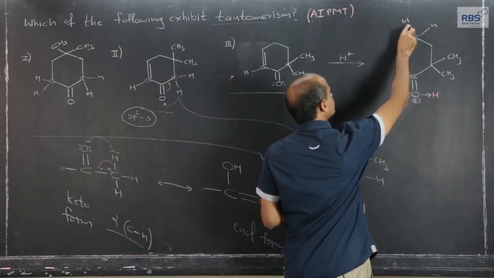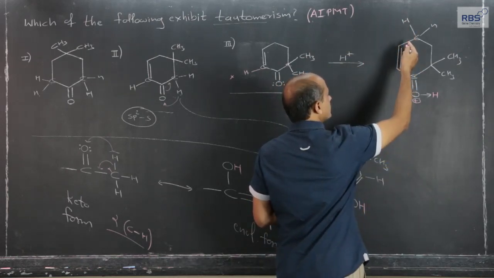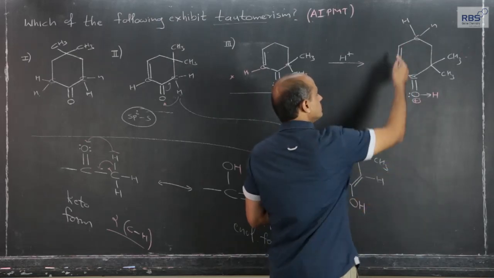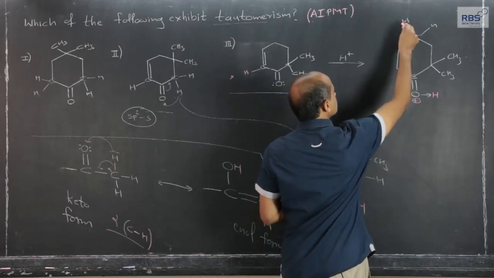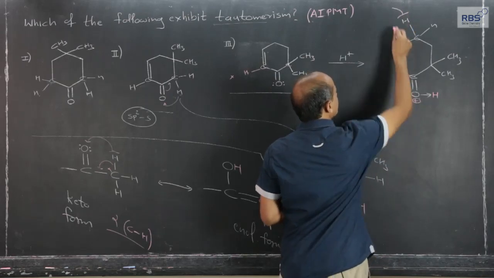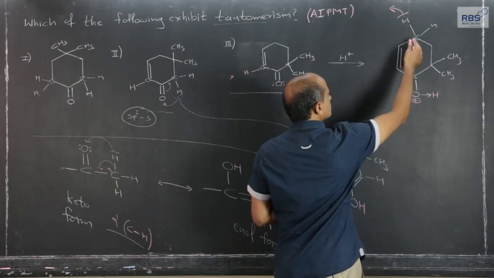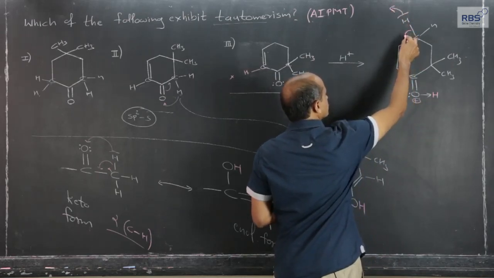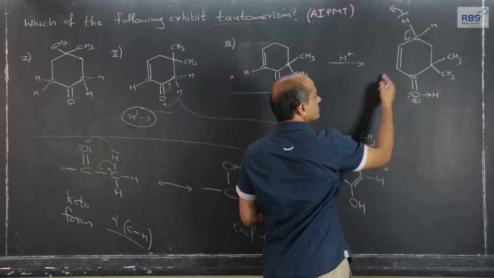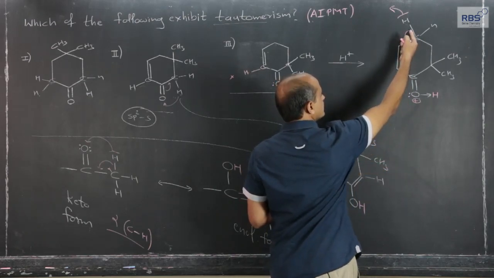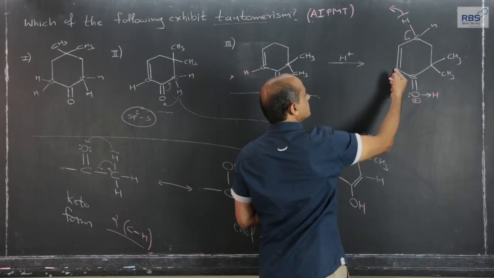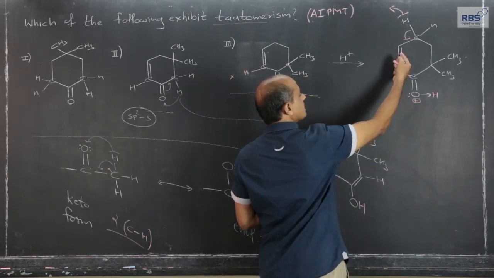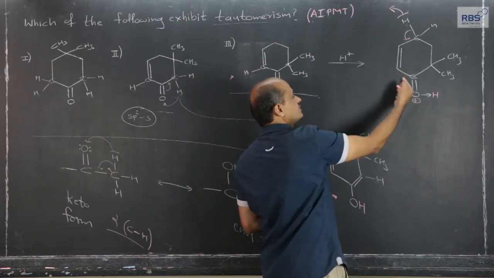Therefore, it has a tendency to get removed in the form of H plus ions, and not only does it become acidic, the moment the hydrogen gets removed in the form of H plus ions, this sigma gets converted into this pi. The moment this gets converted into pi, the pi will get transmitted here and shared.